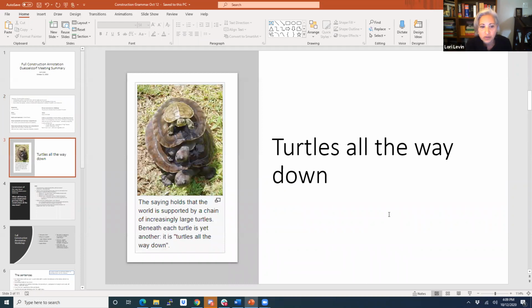So to understand what this workshop was about, you have to understand turtles all the way down. There's a short version of turtles all the way down here, but there's a joke that people tell in different ways and somewhat offensively. The joke usually involves a young man who knows science and an old woman who doesn't know science.